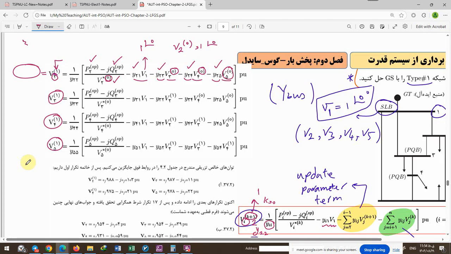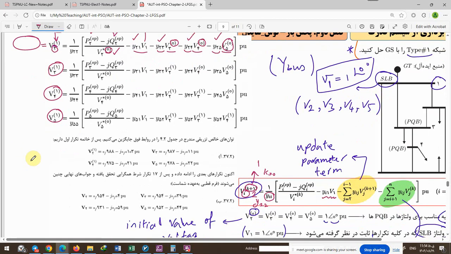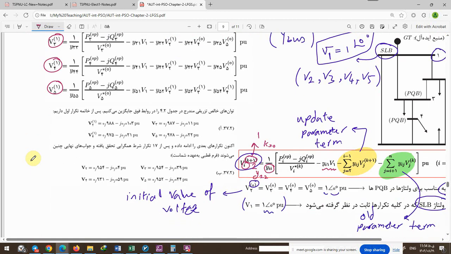After solving the first iteration we have this amount of voltage.